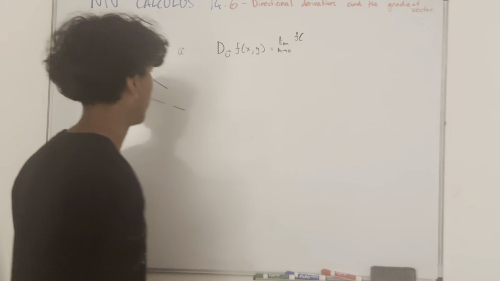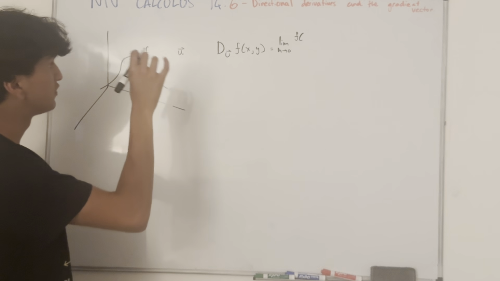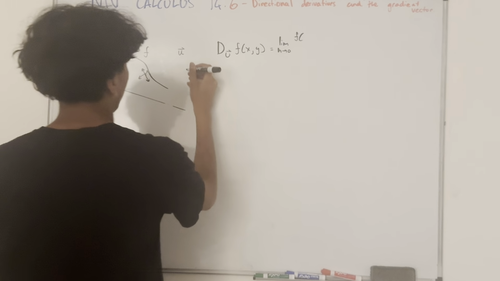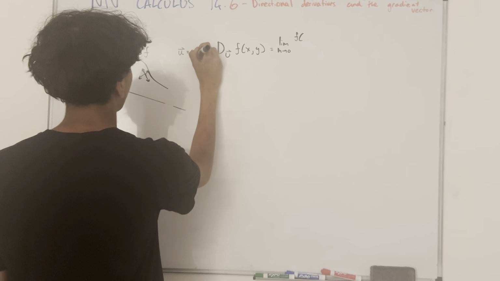So this is our function, right? Note that u is going to be a unit vector, and let's say it has components a and b.